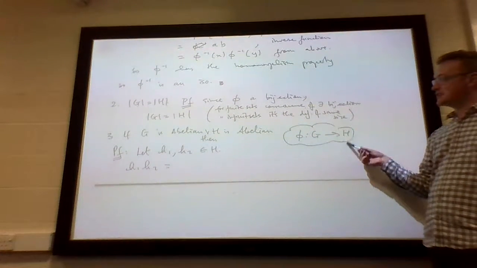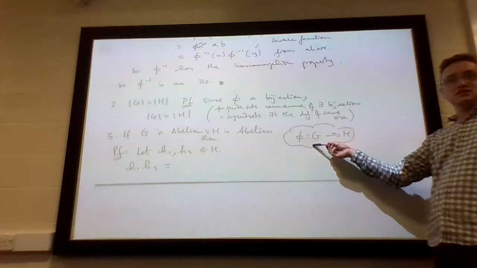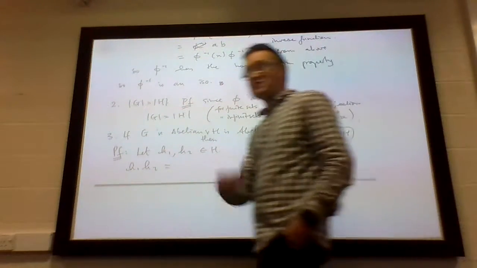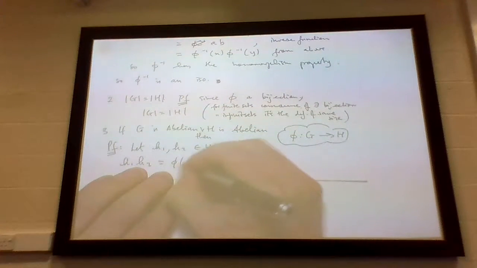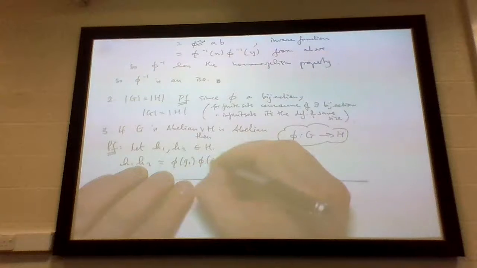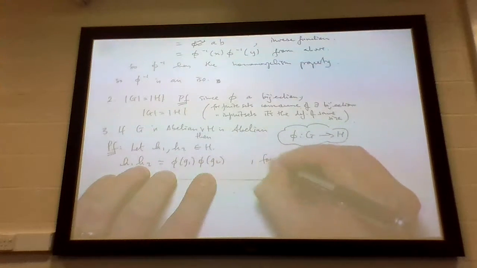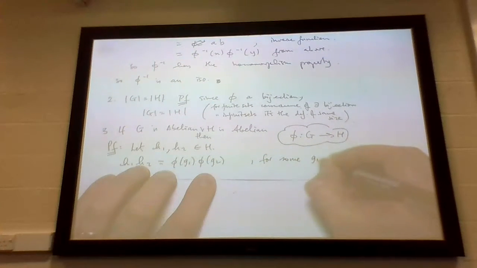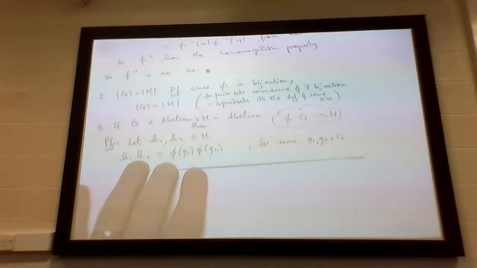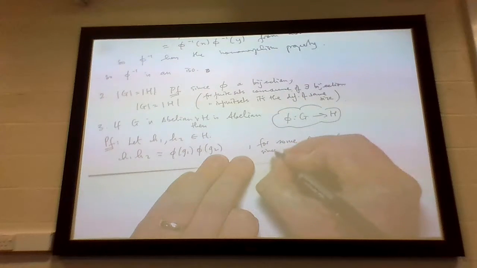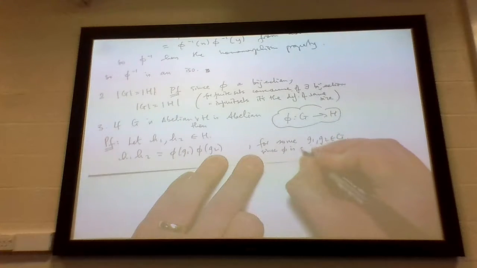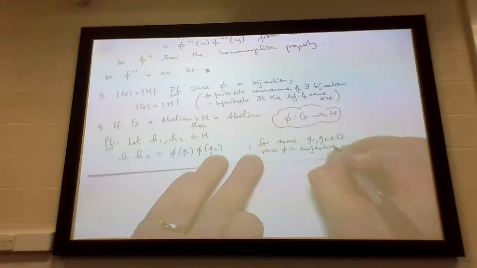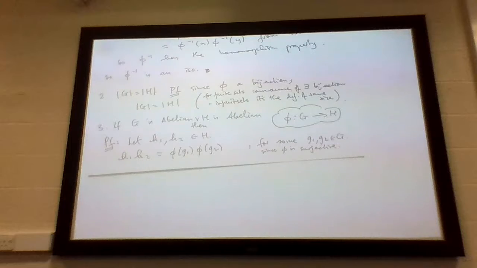So the H1 and H2 come from our images of things in G under the mapping phi, so we need to utilize that. That's phi of G1 times phi of G2 for some pair of elements G1 and G2 in G, since phi is surjective. That's what we're using there. Everything in the codomain H occurs as a bound. Make sense?